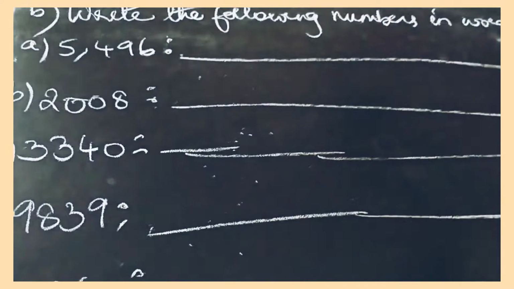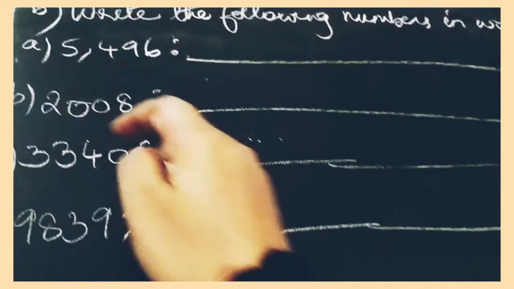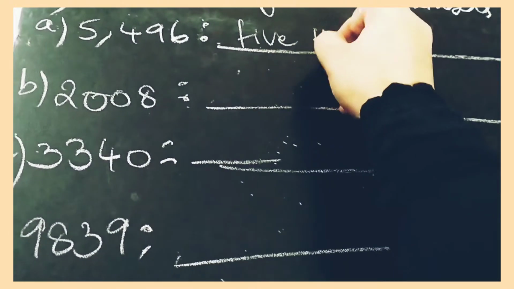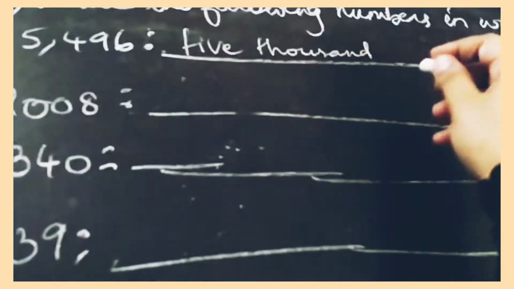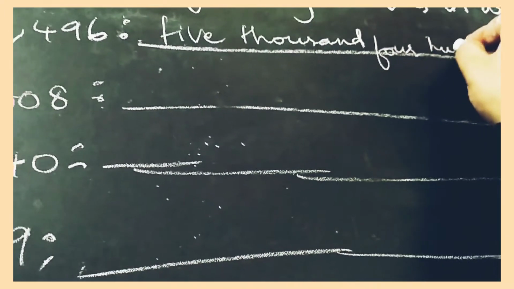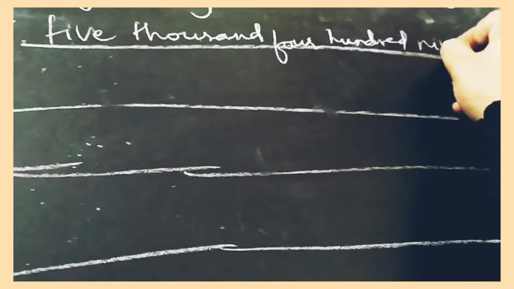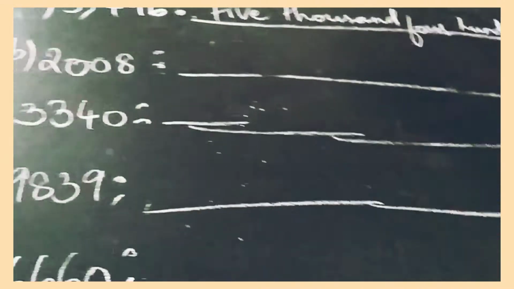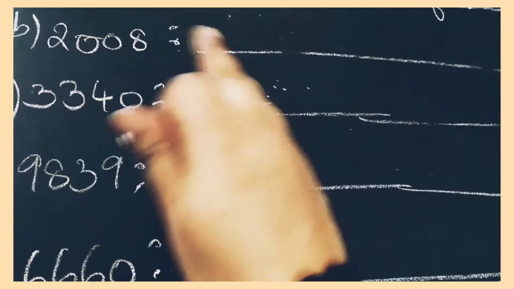They are given in numbers, and you have to write them in words. In words means using ones, tens, hundreds, thousands. The first is 5496, then 2008.